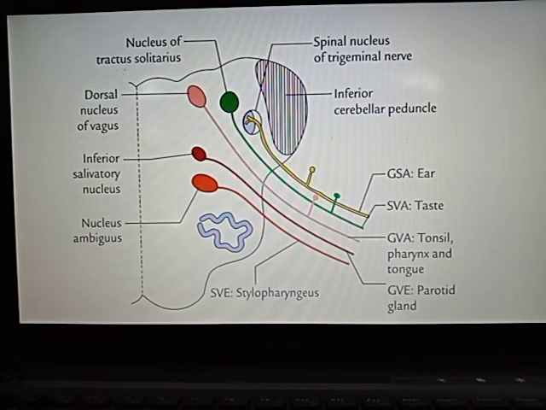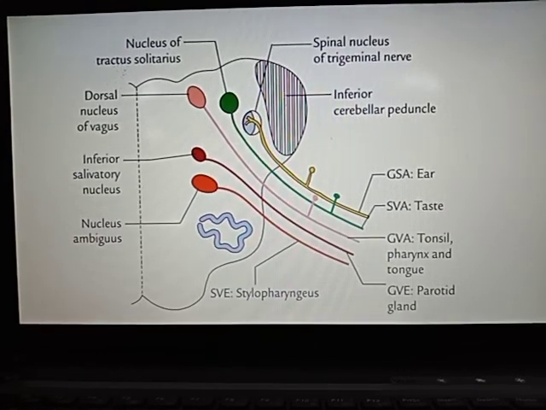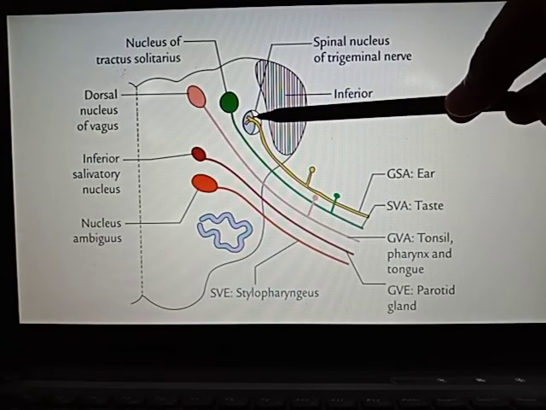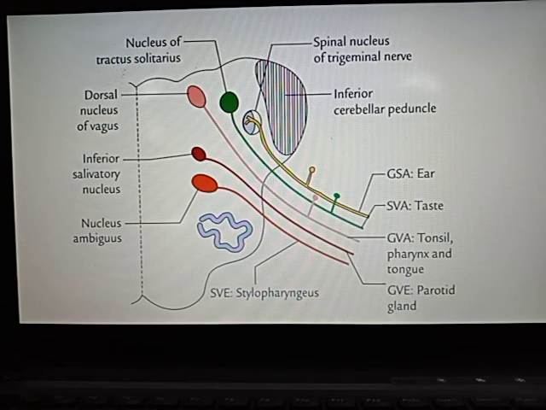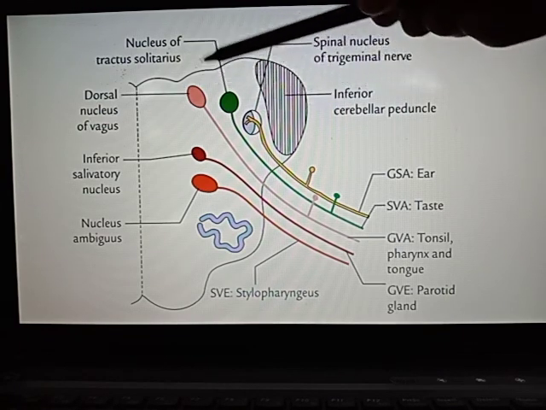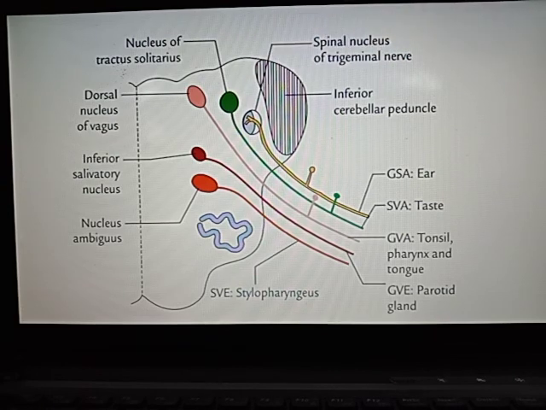Then come to this slide. This is a schematic diagram. So this is the spinal nucleus of the trigeminal nerve, which is concerned with the general sensation. Then the nucleus of the tractus solitarius for the taste sensation. This is the dorsal nucleus of the vagus.